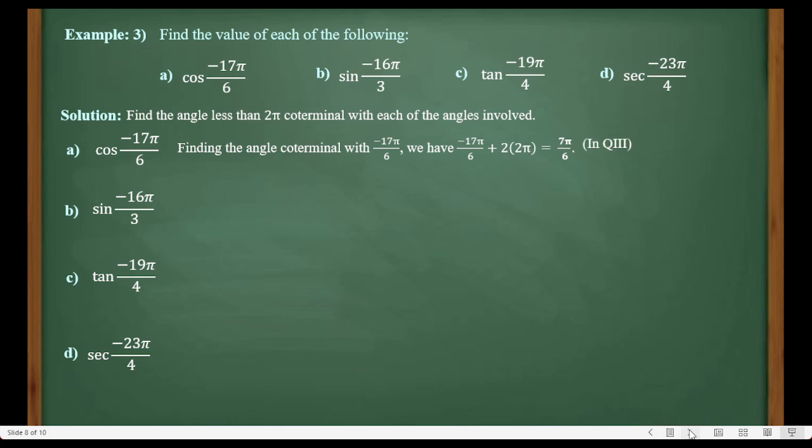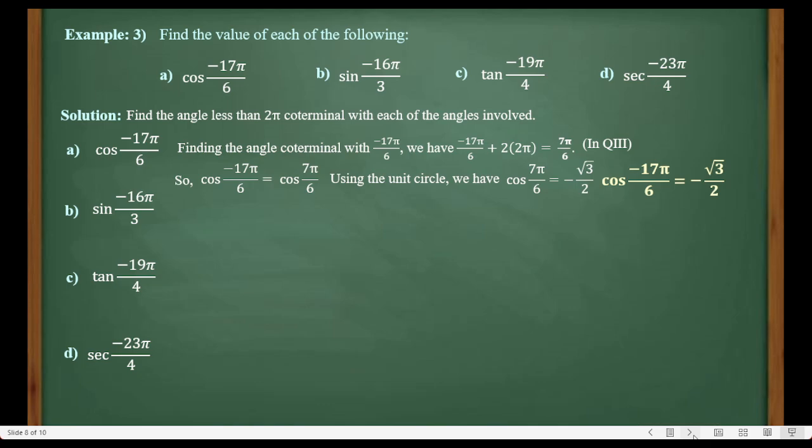Therefore, nasa quadrant 3 yan. So the given cosine of negative 17 pi over 6 is the same as cosine of 7 pi over 6. And that will give you negative square root of 3 over 2.